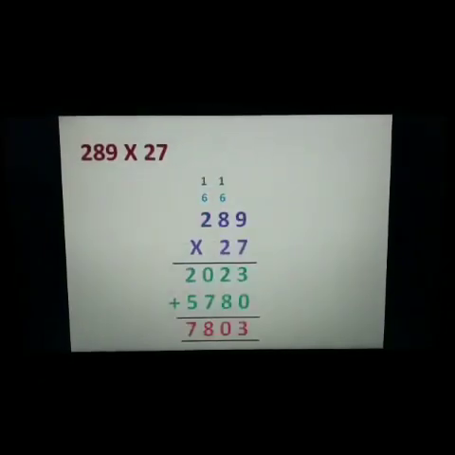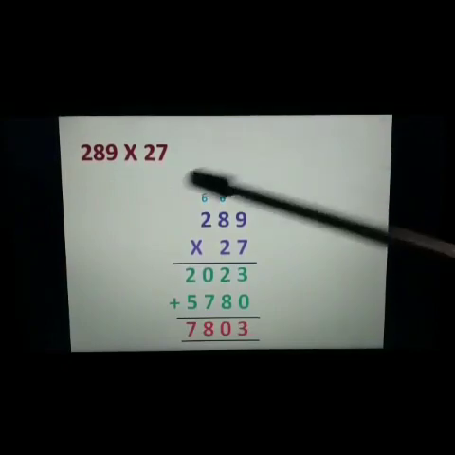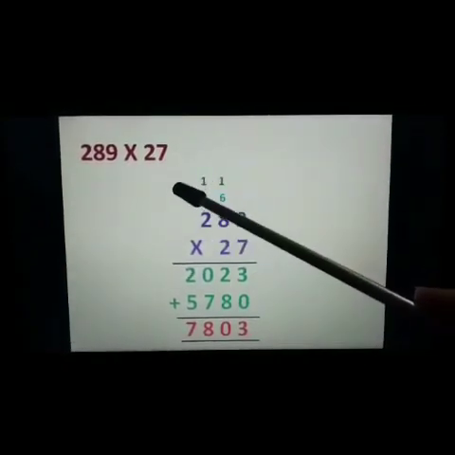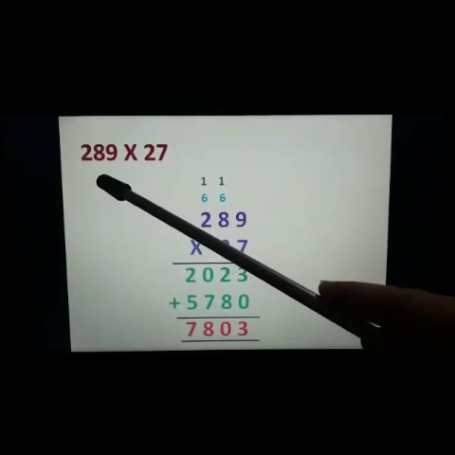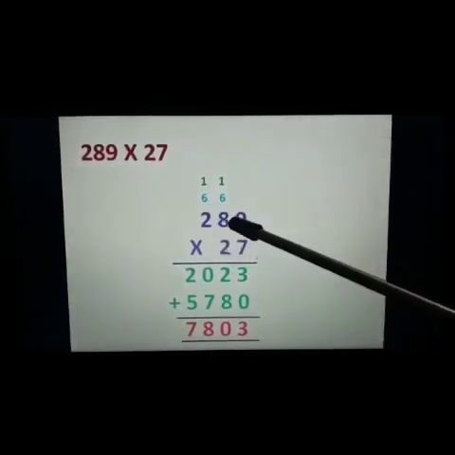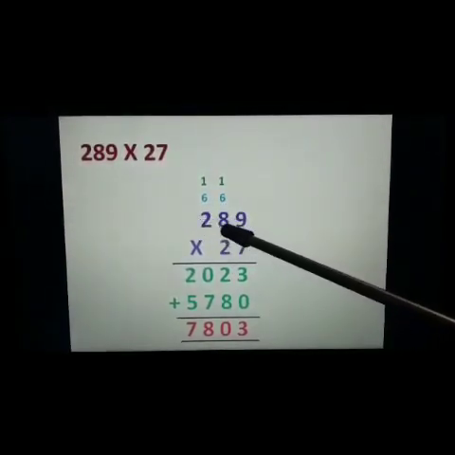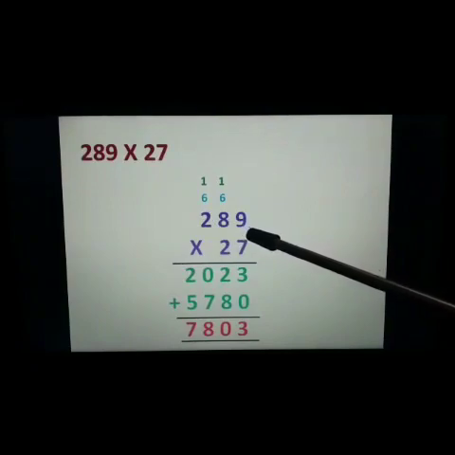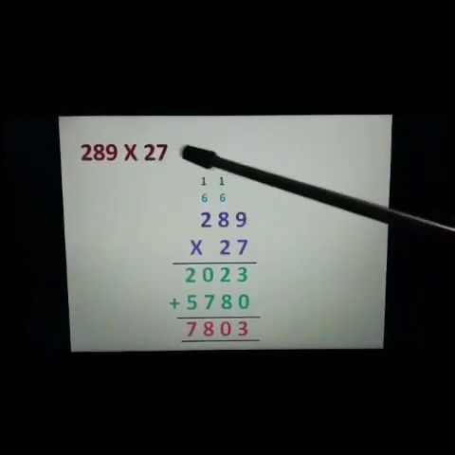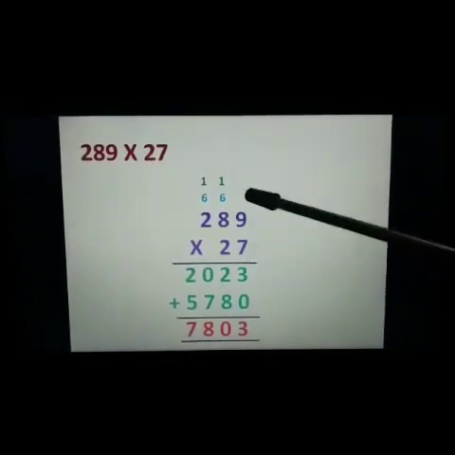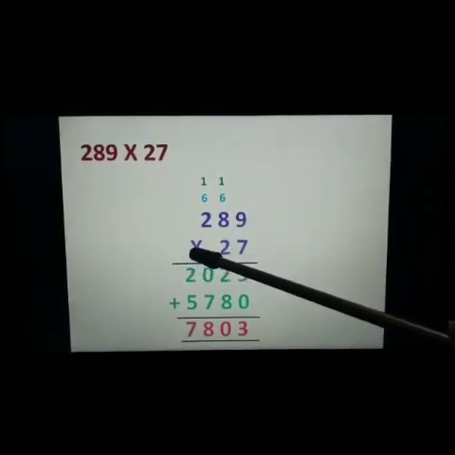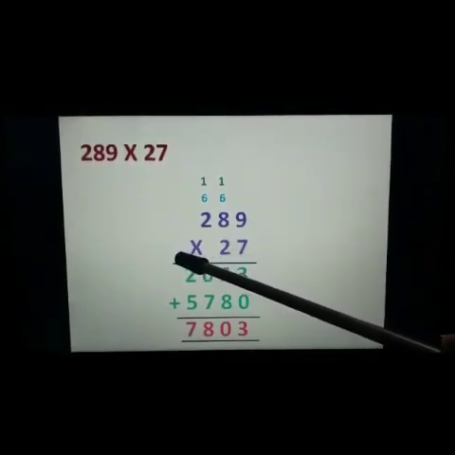Now let's solve one more example. 289 into 27. First of all, we will arrange these numbers. First we write 289. Then we write the other number below it and put the symbol of multiplication.